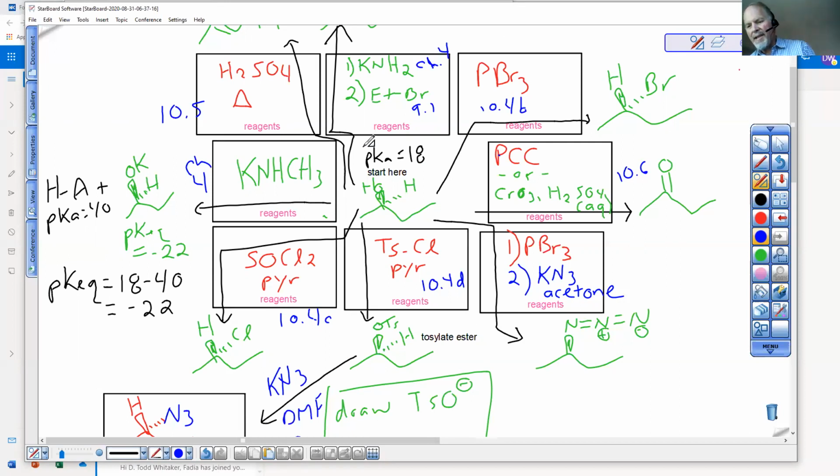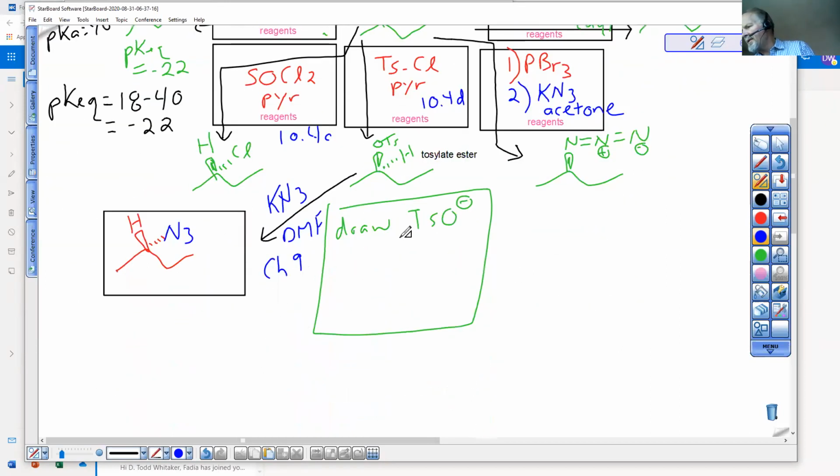And finishing this segment, we're going to draw our TsO minus, because that tosylate is very common. Remember, the T is for toluene, which is just methylbenzene. There's methylbenzene.